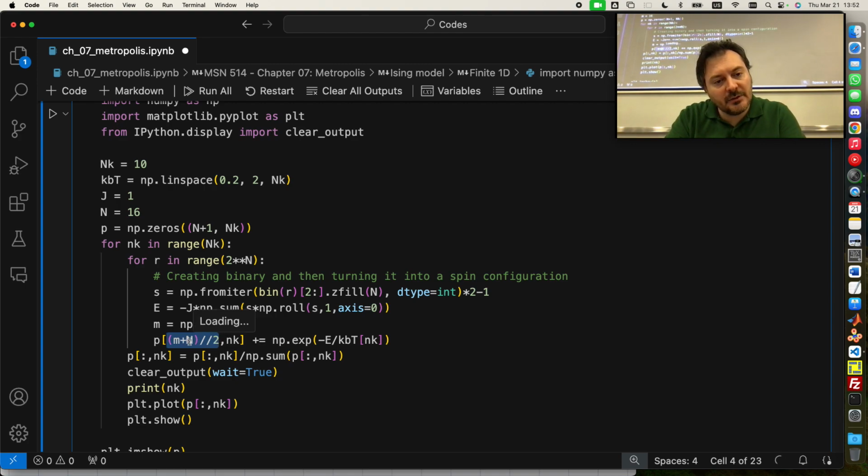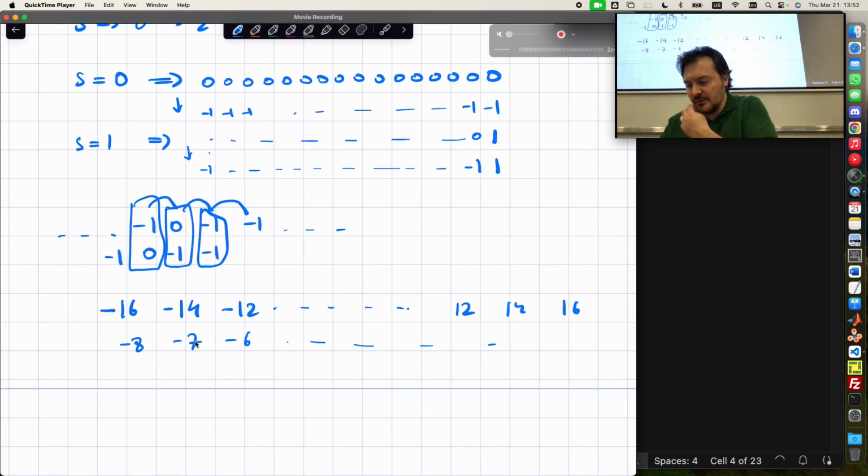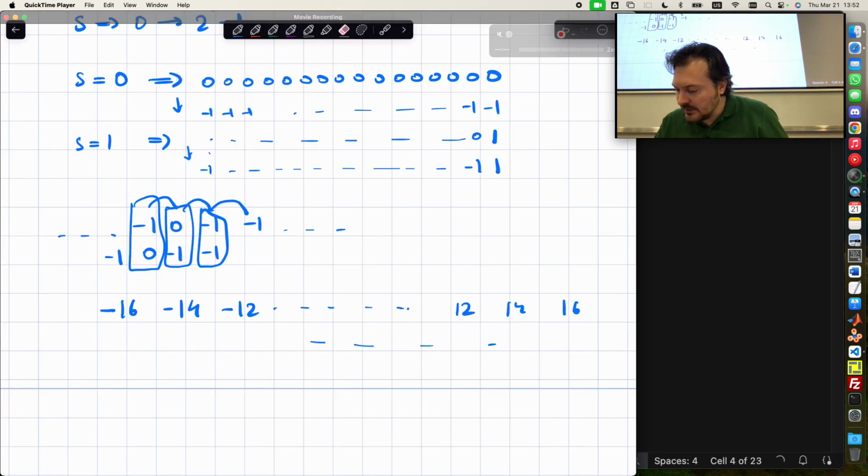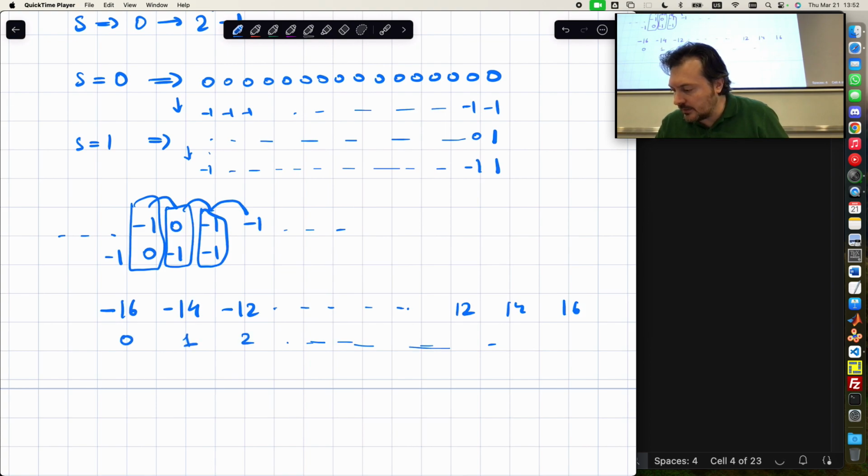Before dividing by 2, it adds 16, so that this becomes 0, this becomes 1, this becomes 2, and so on. Good? Until this is 16.